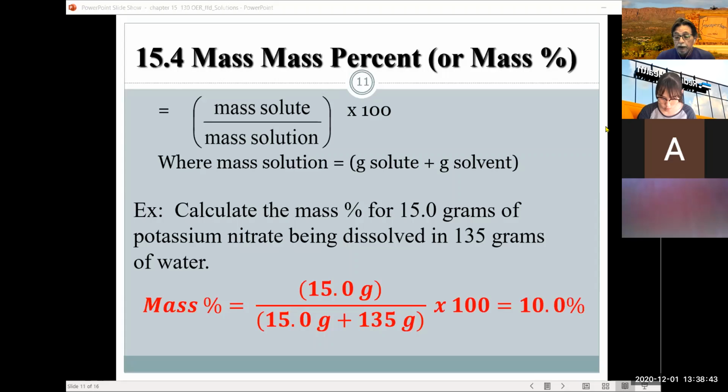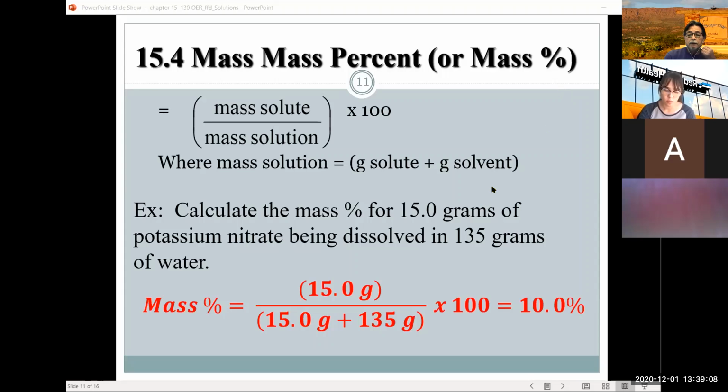So you don't need to calculate the moles here. You're given the mass of the solvent, the water, which is 135 grams, and 15 grams of potassium nitrate. And so you take that 15 divided by the sum of the solution times 100. That's a 10% solution.